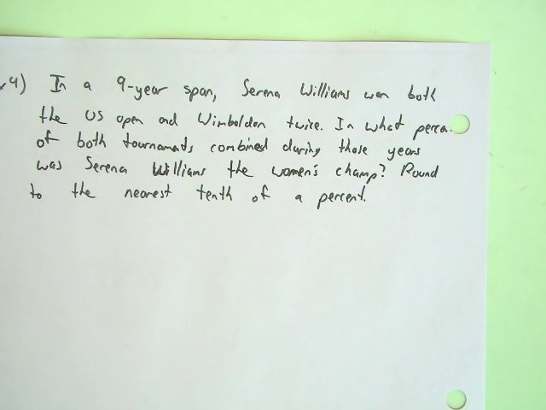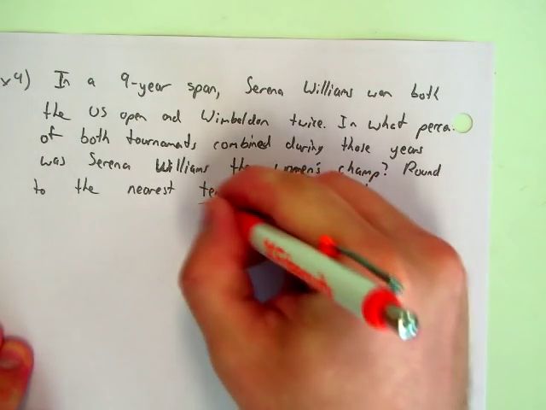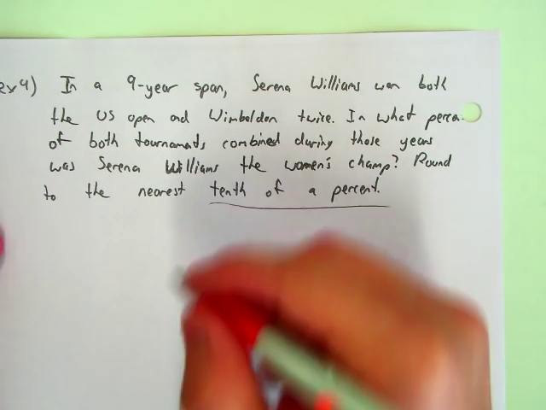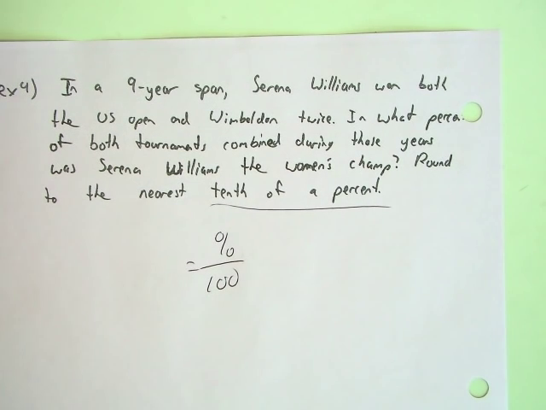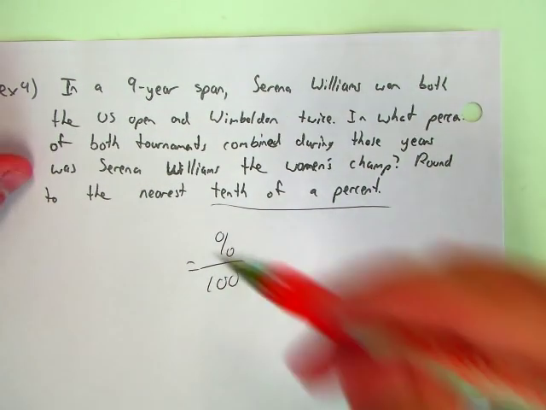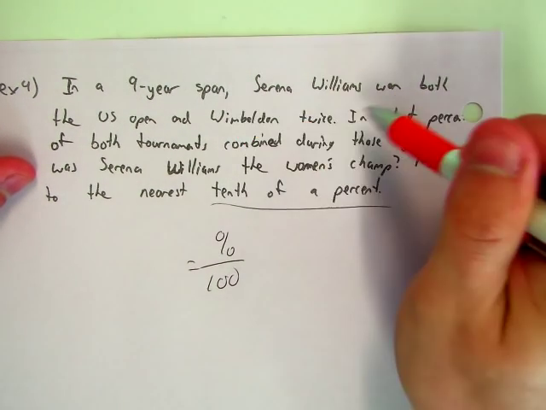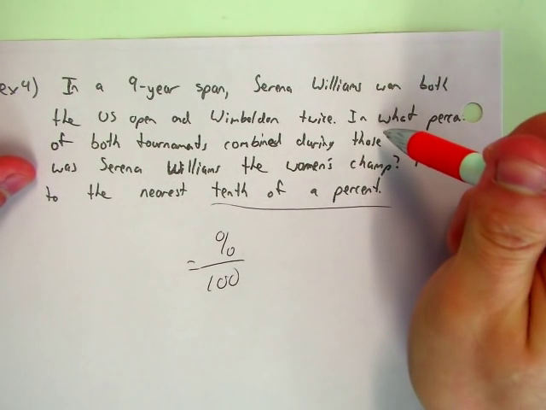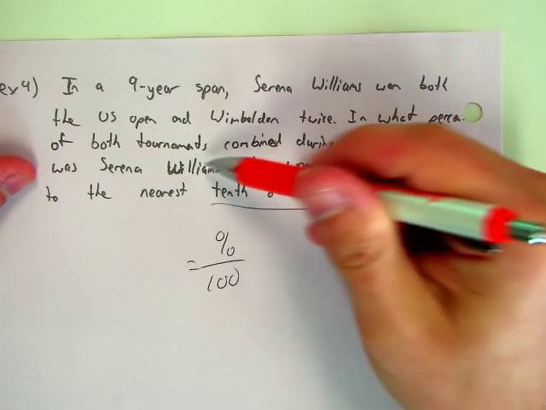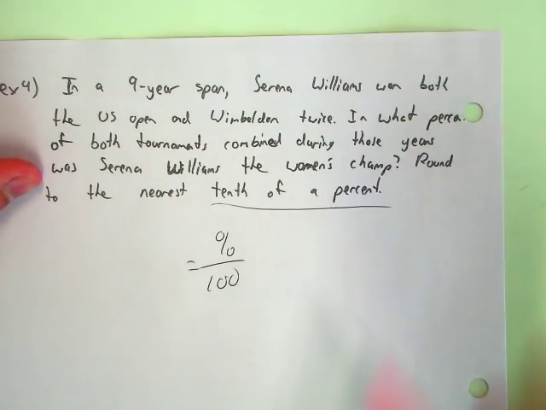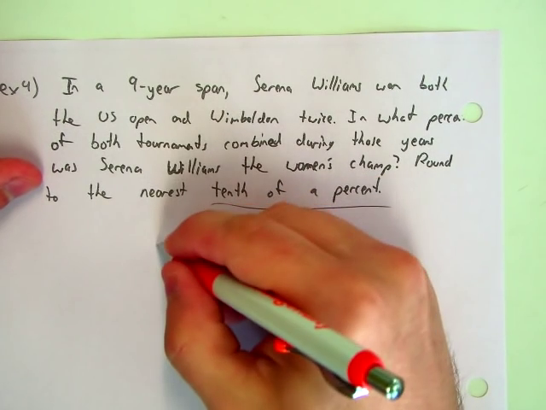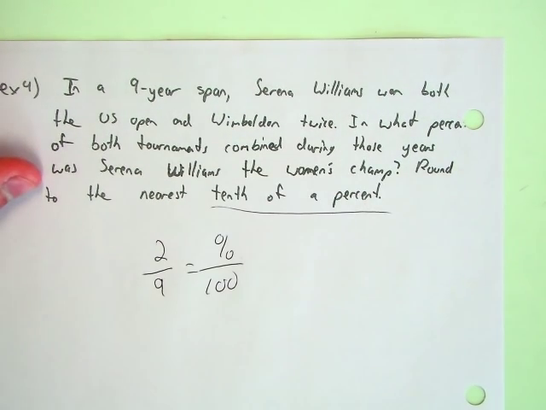Round to the nearest tenth of a percent, which means I'm looking for the percentage. So I'm going to put percent over 100. Now it says in a 9-year span, she won the U.S. Open and Wimbledon twice. So that'd be twice out of 9 years.